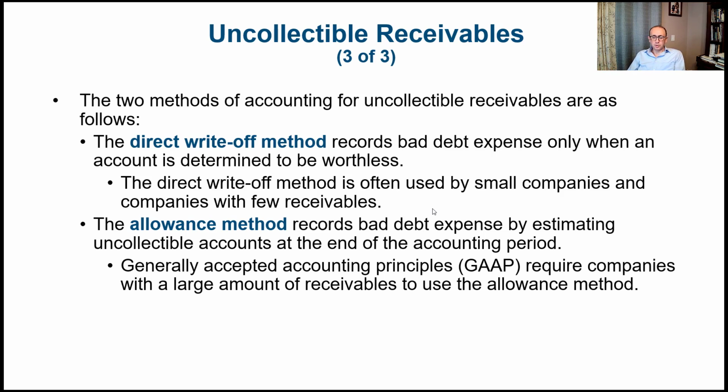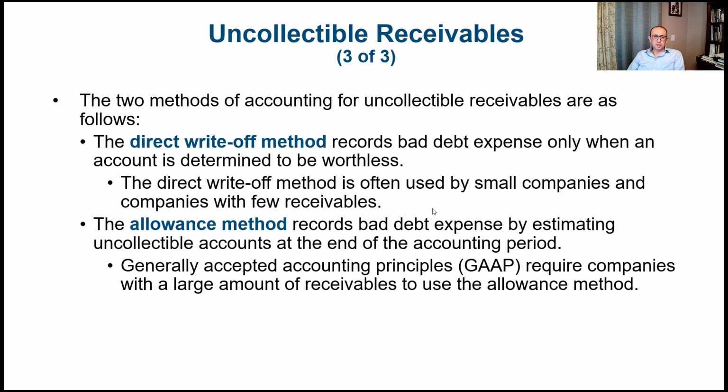That's not fair when you're presenting your income statement. This is why it's required by GAAP. So we make an estimate for what we anticipate to be uncollectible. As I said before, GAAP requires companies with a large amount of receivables to use the allowance method. So how does it look?